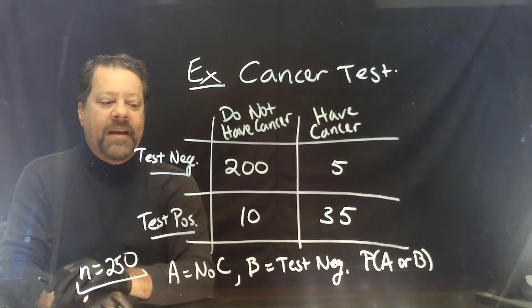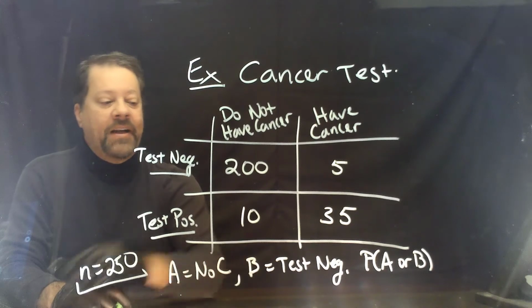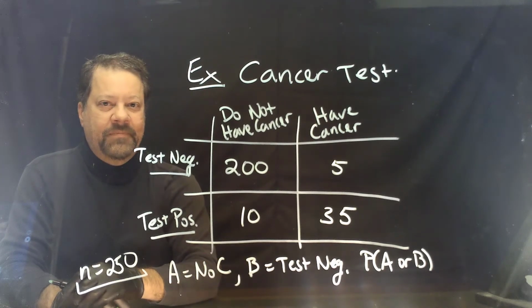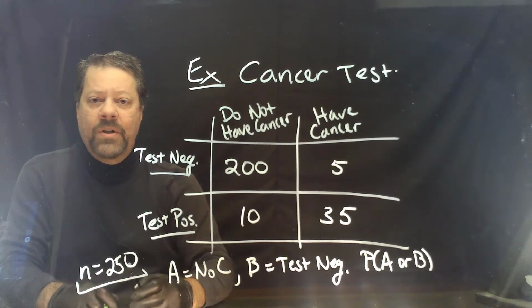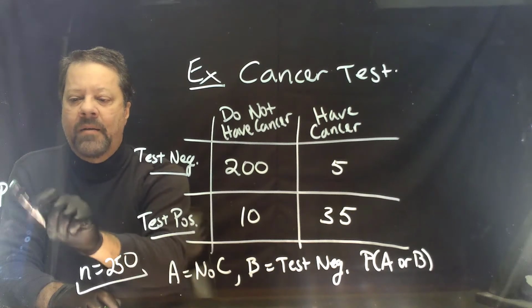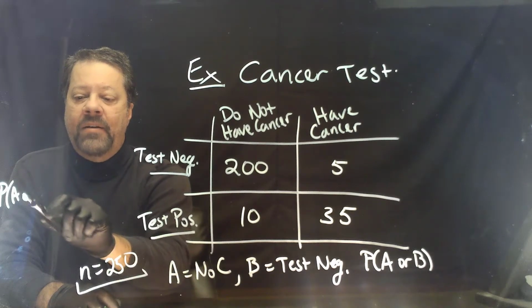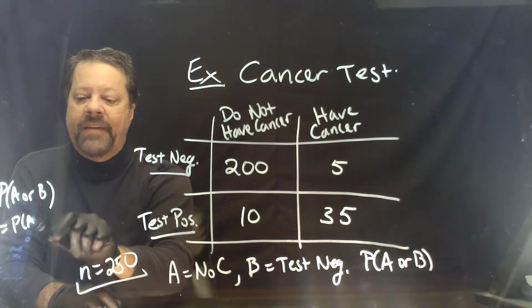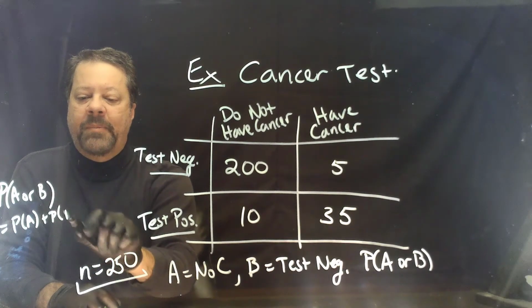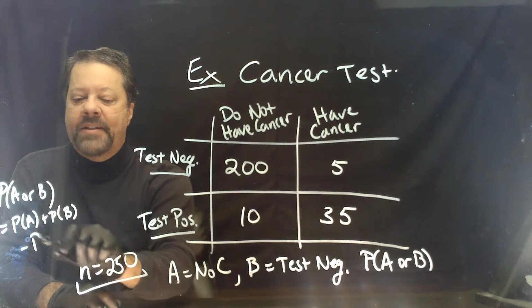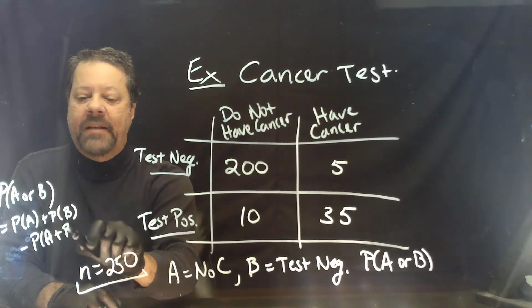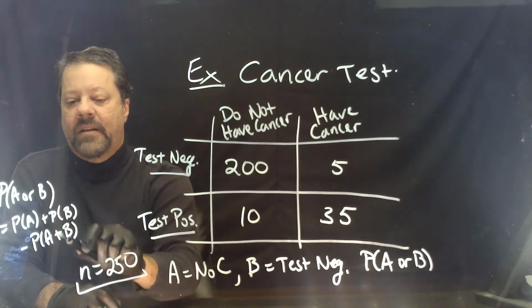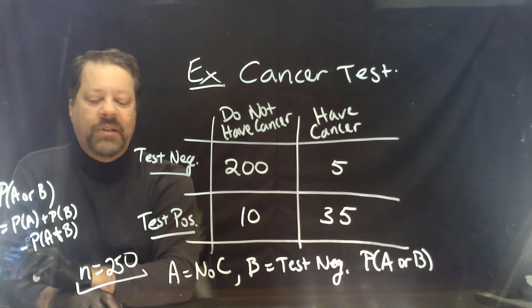The probability that you either do not have cancer or test negative. And according to the addition rule, the probability of A or B is the probability of A plus the probability of B minus the probability of A and B. This is an AND symbol here.